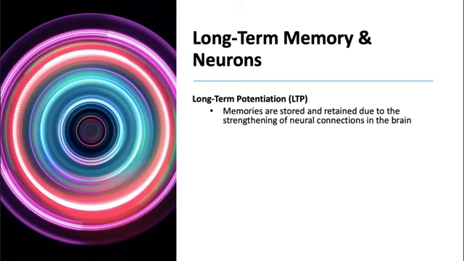These neural pathways become excitatory, and the memories are then stored and retained because of the strengthening of these neural connections in the brain. Information comes in, those neural connections are excited and activated, and then those memories are stored because of the strength that comes from all of those active neural connections in the brain.